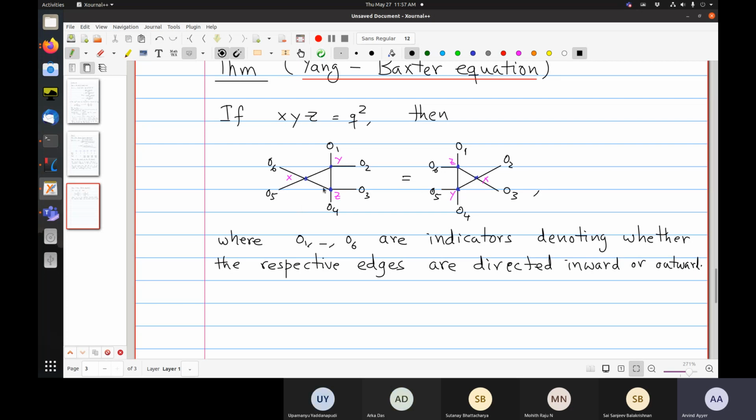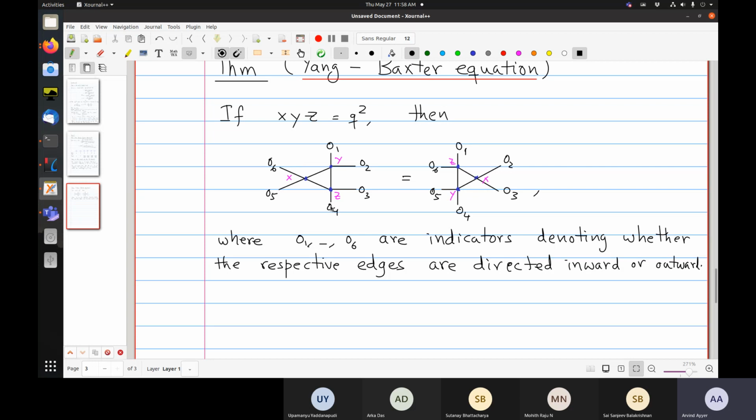And the claim is that when you sum over all possible internal edges consistent with the 6-vertex model, and for each internal edge you take the corresponding weight, and you do the same on the right hand side, this equality will hold provided x, y, z, these three parameters are equal to q square.